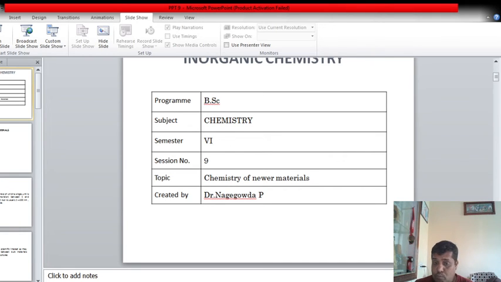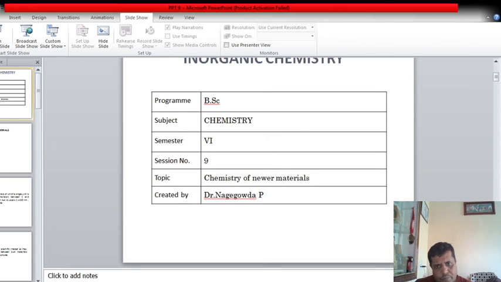Dopants are already used in conductors and semiconductors. That is the sol gel method, that's what we studied.